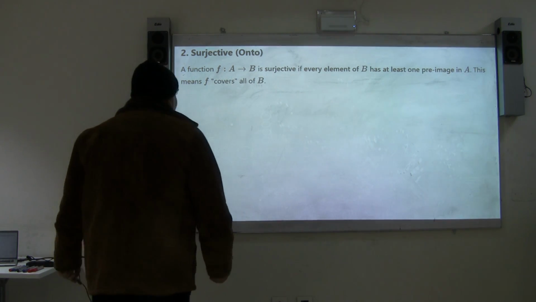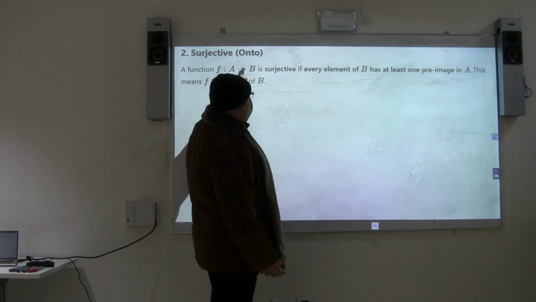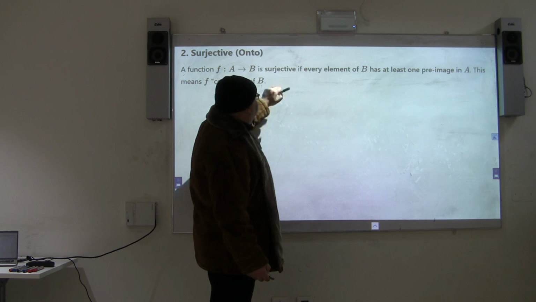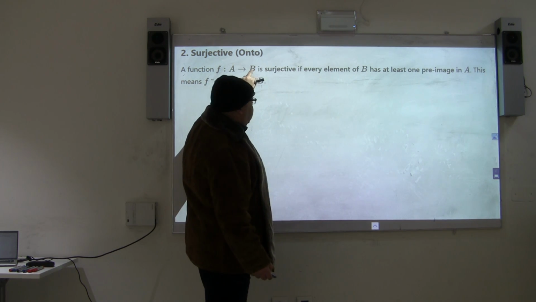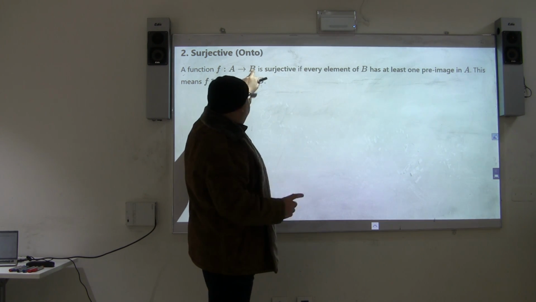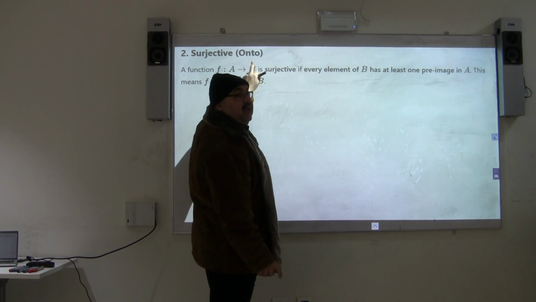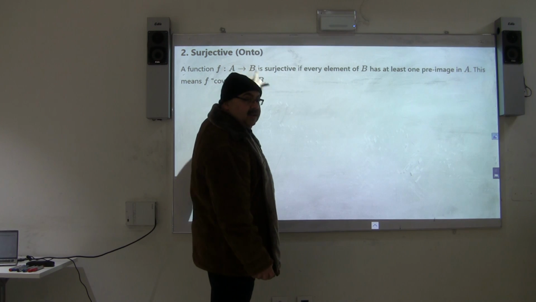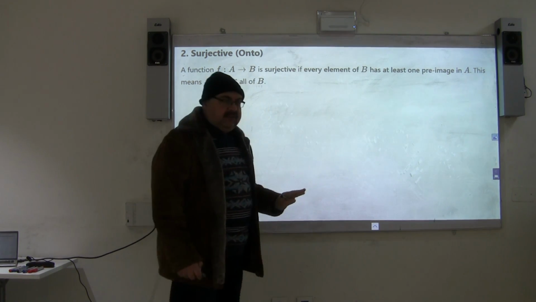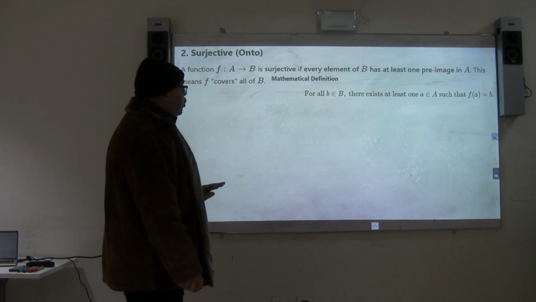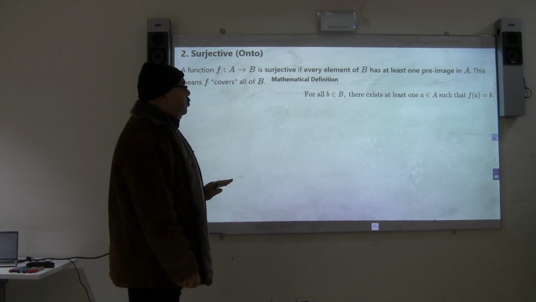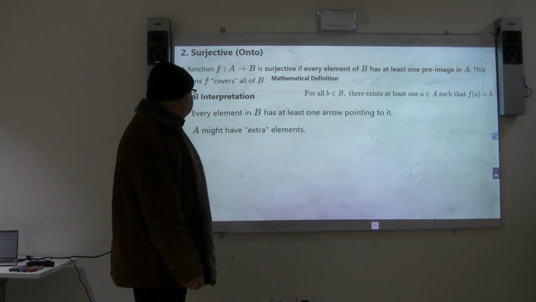Once more, surjective or onto: a function from A to B is surjective if for every element of B, it has at least one pre-image in A. There are no elements in B that don't have pre-images in A. The codomain is completely covered by the image. For all b in B, there exists at least one a such that f of a is equal to b.